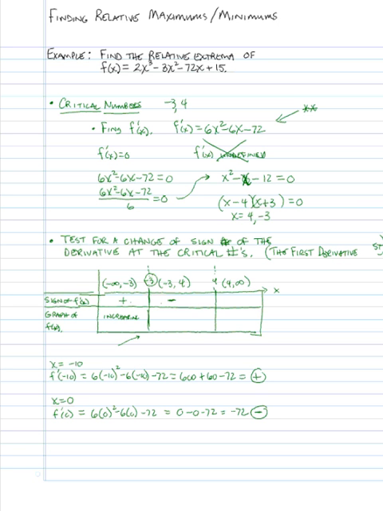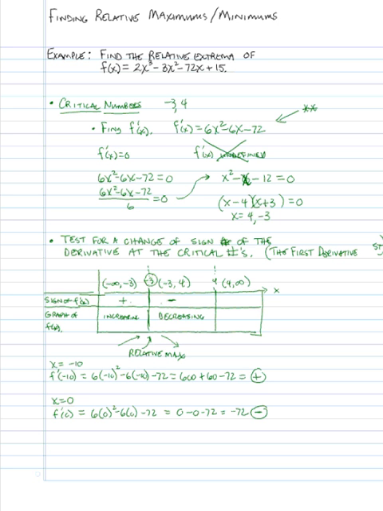So if it's positive, it's increasing. If it's negative, the graph is decreasing. And we might illustrate that this way. Well, if it goes from increasing to decreasing, that means we have to have a relative maximum happening right there. Okay, we change from increasing to decreasing.